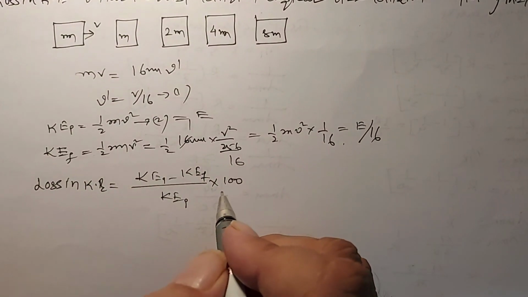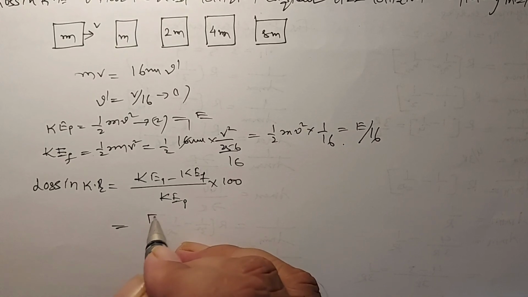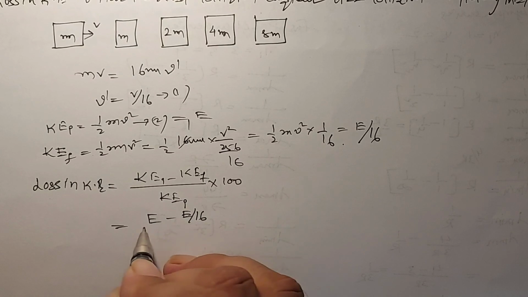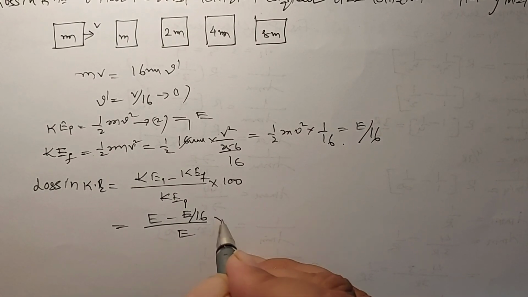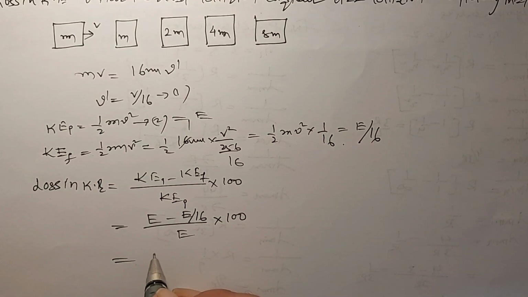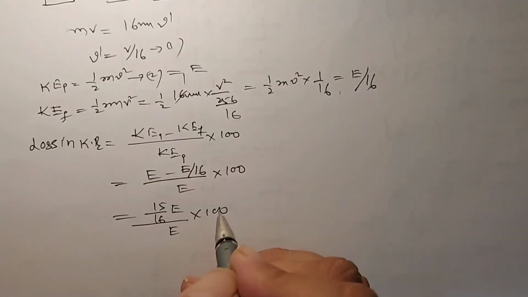That is E minus E by 16 divided by E into 100, which is 15 by 16 E divided by E into 100.